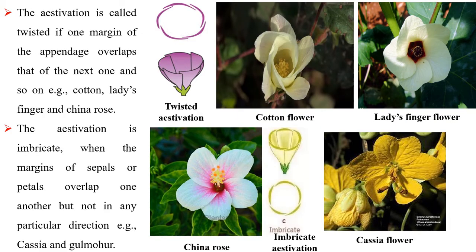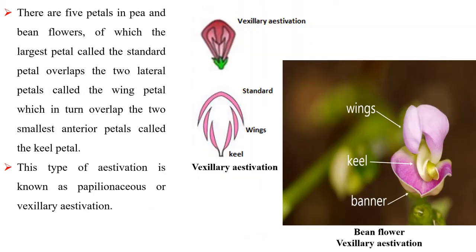The estivation is called twisted if one margin of the appendage overlaps that of the next one and so on. Example, cotton, lady's finger, and China rose. The estivation is imbricate when the margins of sepals or petals overlap one another but not in any particular direction. Example, cassia and gulmohar.